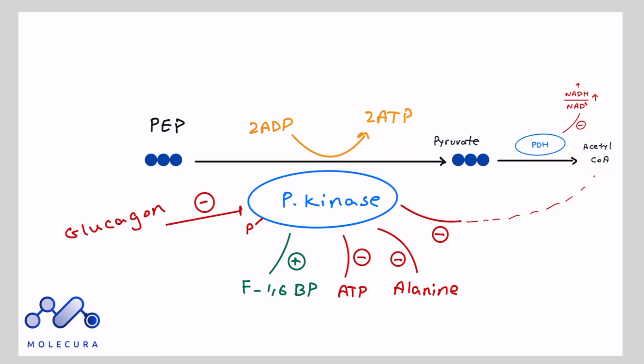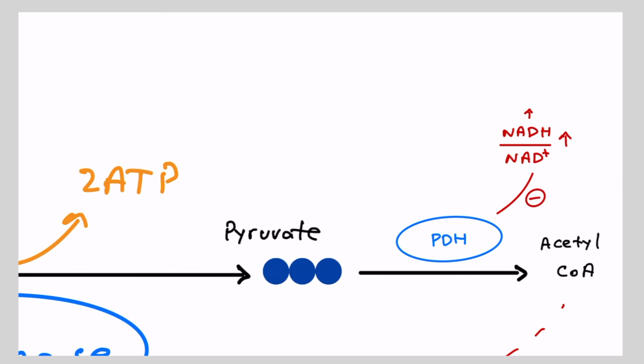Now, to make things a little more complicated, we have two enzymes that are going to be working on PDH to activate it or deactivate it. One of them is going to be called PDH kinase. PDH kinase is going to be phosphorylating PDH, and thereby inhibiting its action.